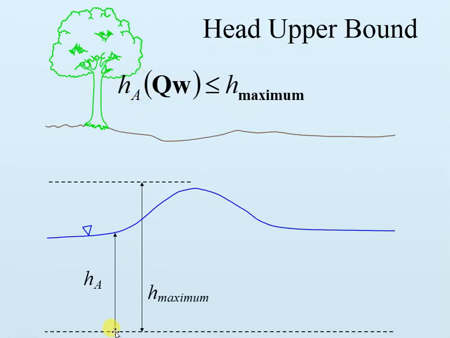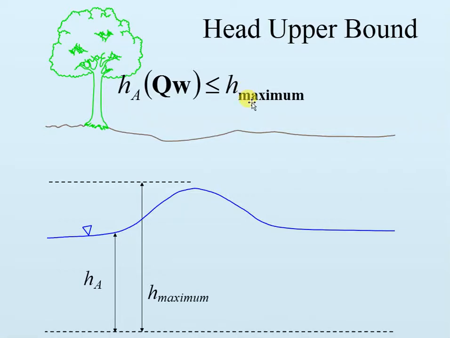In this cartoon, this is this location A. And the constraint is that we require that head, as we change stress rates, be less than or equal to a maximum value. So for example, if we were recharging at this location, producing a mound, we might want to be sure that the head at this location, A, does not exceed this maximum value.